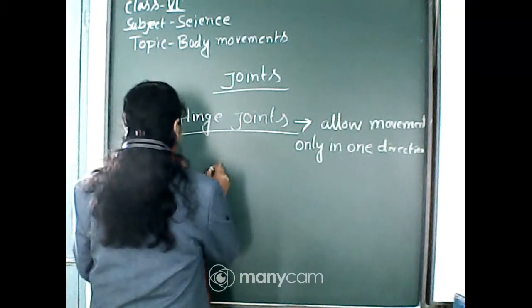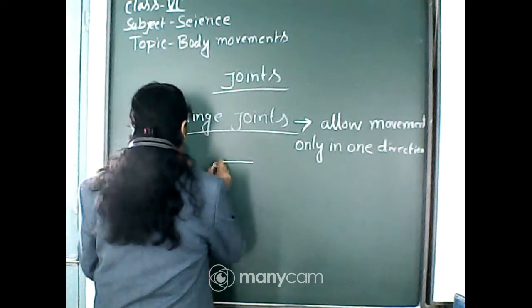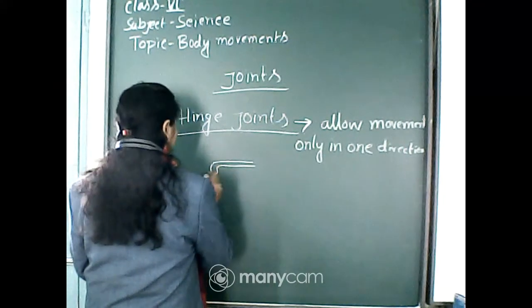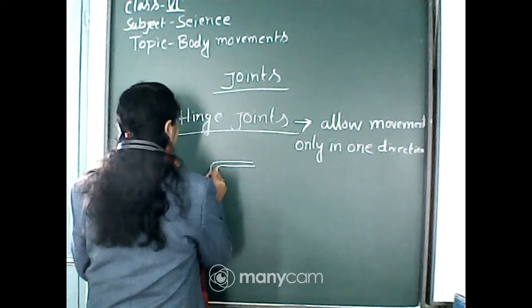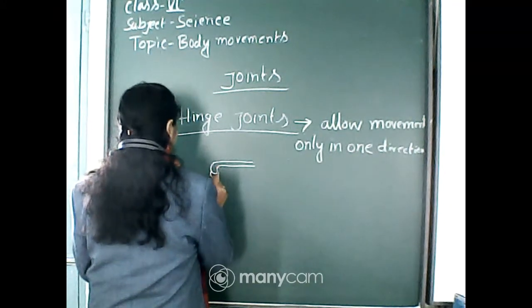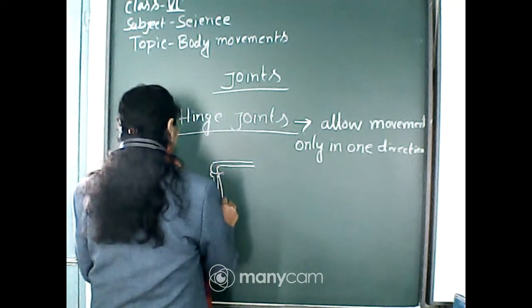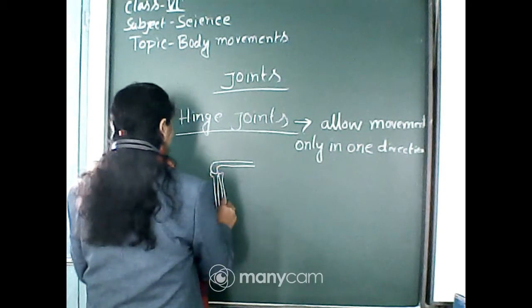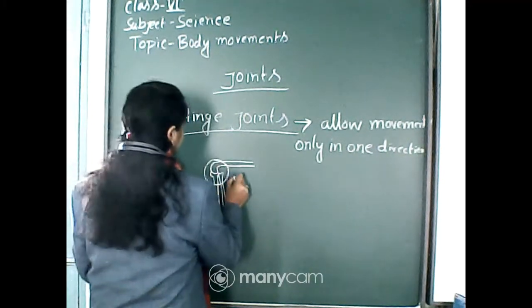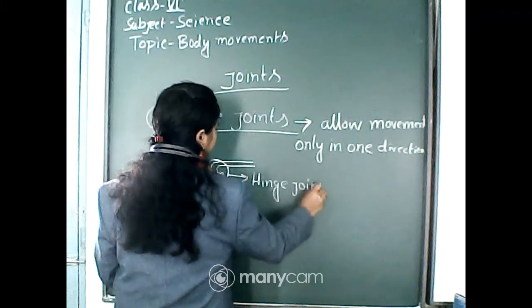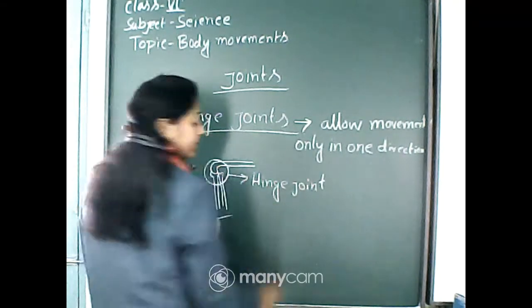If you are in a sitting position, then your thigh bone must look like this, and there are two bones joining at the knee. So this joint is known as a hinge joint. Here you have seen the figure.